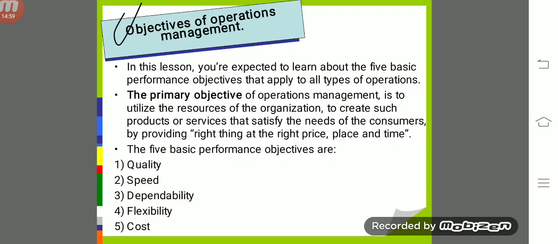Because at every station each train will spend less than 2 minutes. If they take more than 2 minutes, then the next train will be delayed, because the arrival and departure of the train depends on train number 1. Train number 2 depends on train number 1. Train number 3 depends on train number 2. Likewise, so here we can say that dependability.